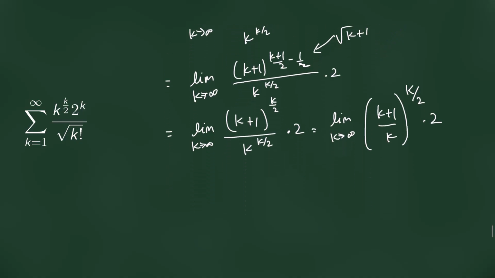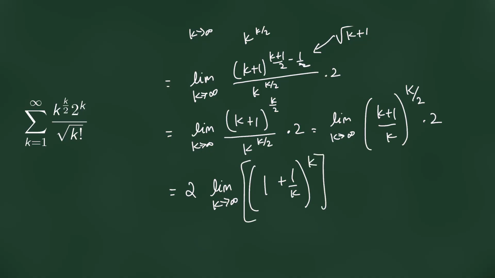And of course, I can move the 2 to the front of the limit if I want. I'll do that now. 2 times the limit as k goes to infinity of, simplifying this, 1 plus 1 over k, to the kth power, all to the 1/2. The reason I did that is because this term in here is hopefully something you recognize. That is e. So we get 2e to the 1/2, which is, after all that work, greater than 1, which means that our series diverges.